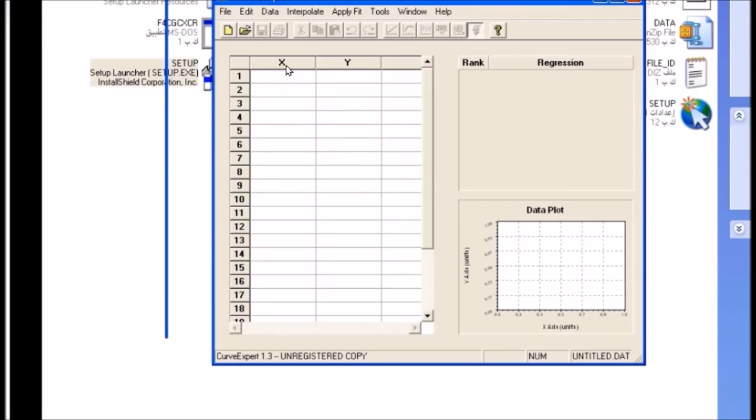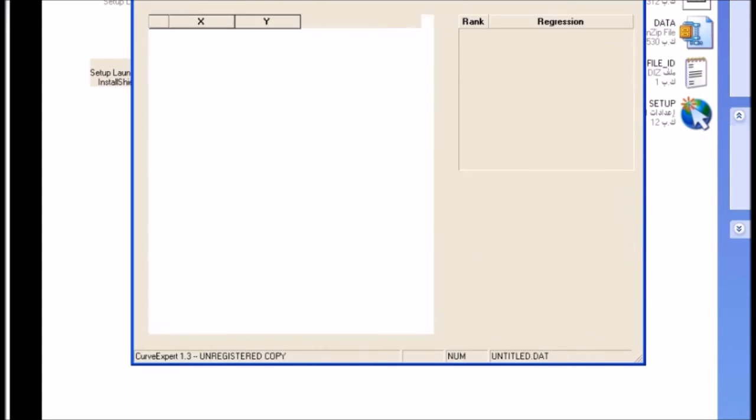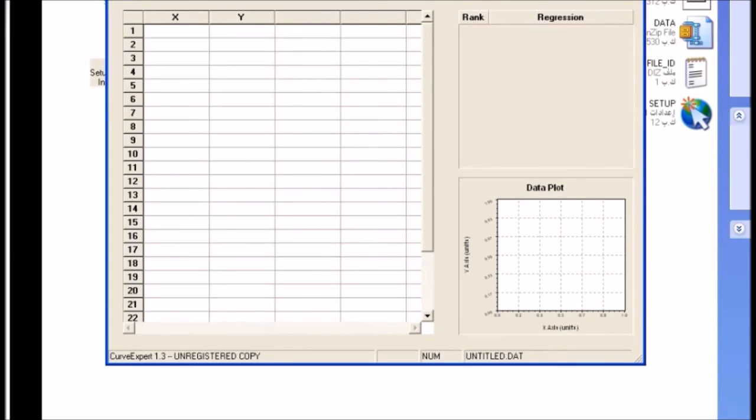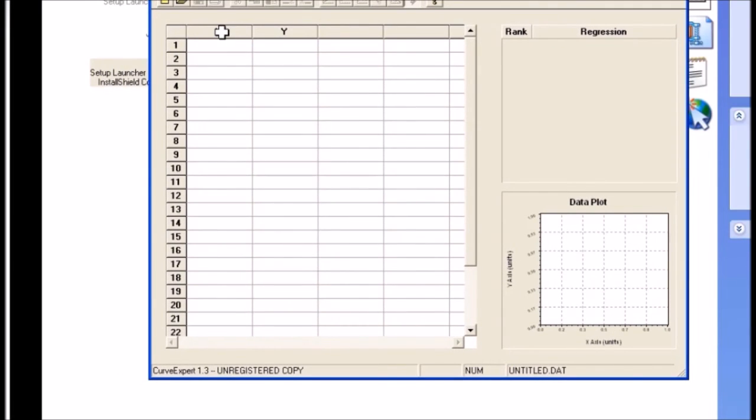Put our result at the x-axis, which means the length of the pendulum, and at y the values of t square.